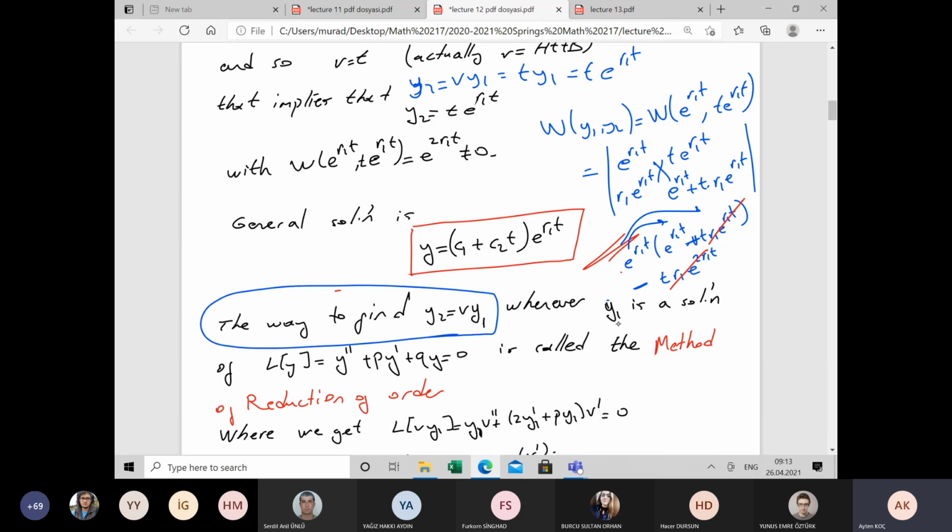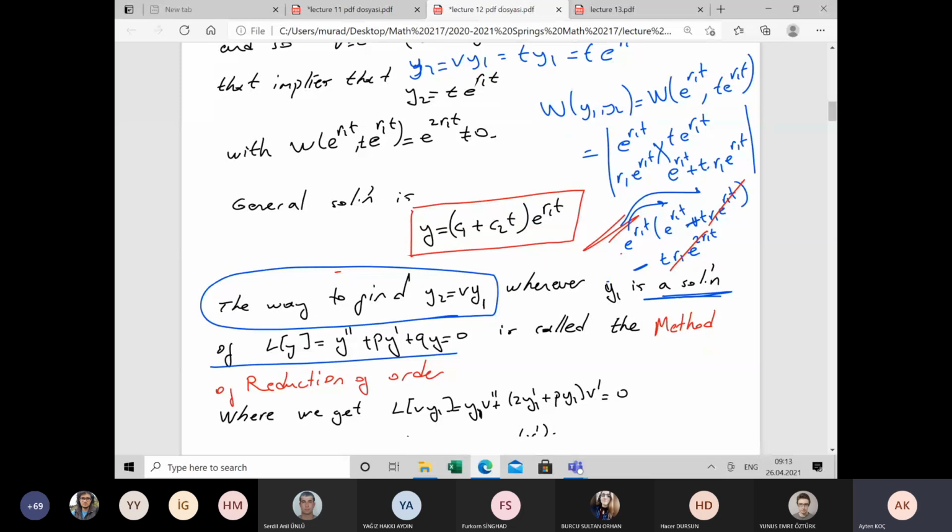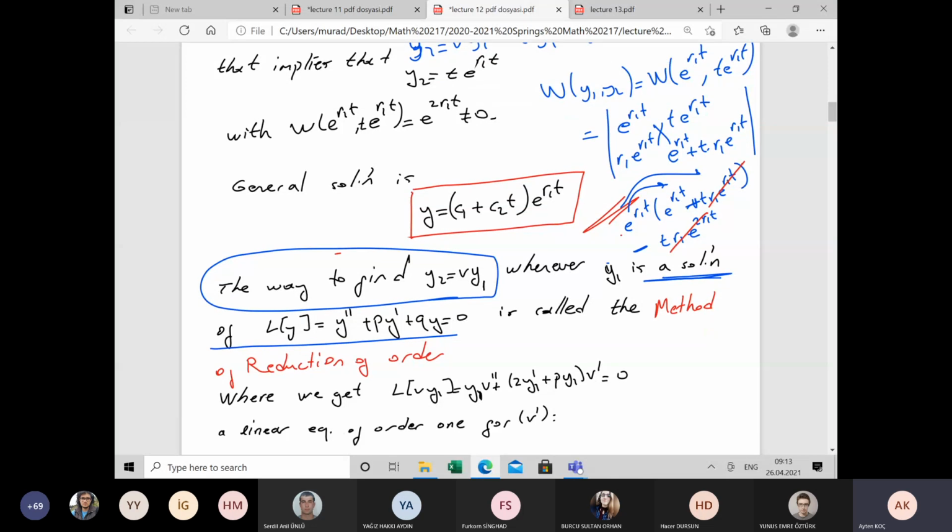This method is called the method of reduction of order. If we have y sub 1, our aim is to obtain y sub 2. If we use this method, y sub 2 is v times y sub 1, and we find v and write it here. So this method is called reduction of order. It's okay?